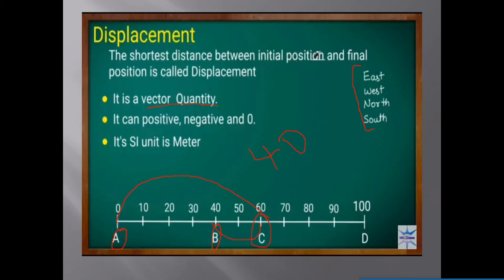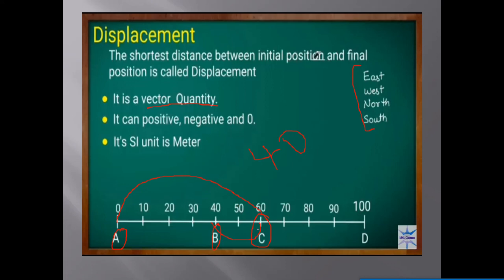Here, as I am moving, I need to mention the direction. When I say the object is moving from the reference point A to C, in which direction is it moving? If I take the positions as north, south, east and west, then from A to C it is moving in the east direction.